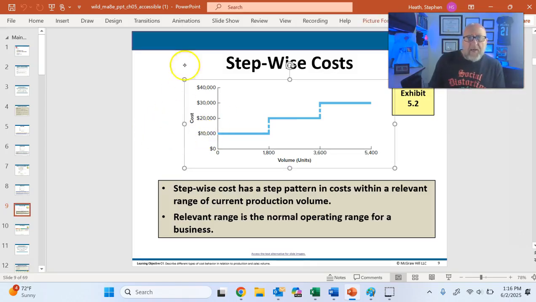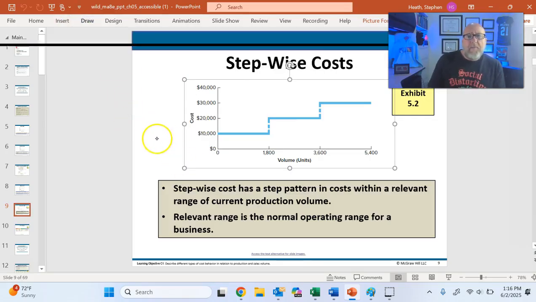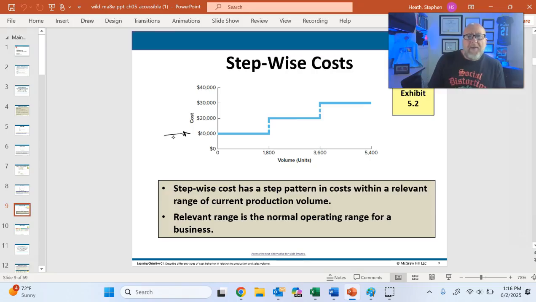But let's say that I pay this employee $10,000 a month to make tables for me. And what I'm saying is that I'm pretty sure that this one employee should be able to make 1,800 tables.